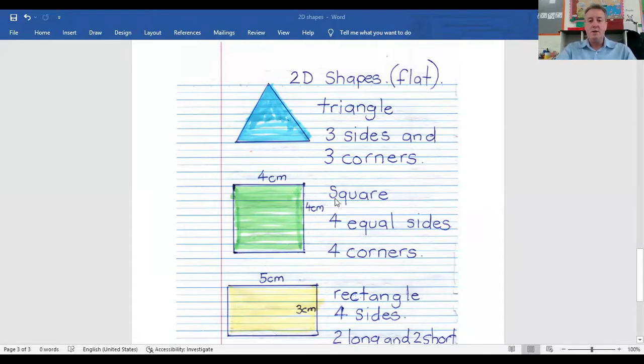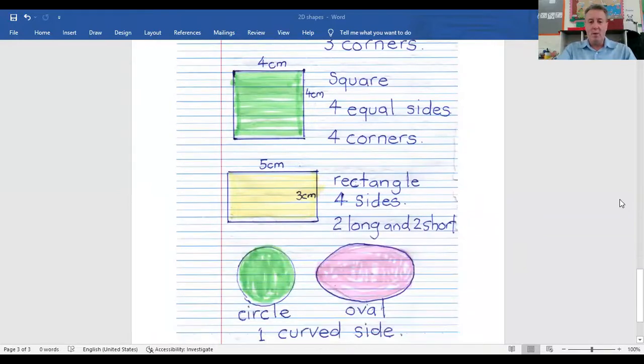Then we're going to write square, 4 equal sides and 4 corners. Rectangle, 4 sides, 2 long sides, and we want 5 centimeters long, and 2 short, 3 centimeters short.